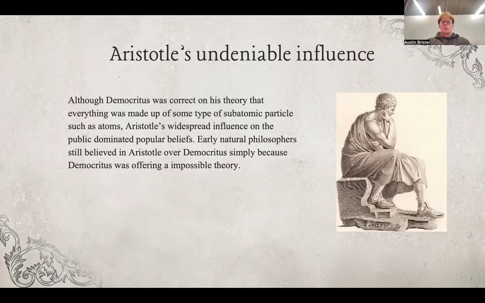So when Democritus proposed the impossible theory of people, objects, anything and everything being made of subatomic particles such as atoms, no one believed him, because in that time frame nobody could grasp the concept of subatomic particles. So when Aristotle made him out to be this crazy guy, he lost all of his influence, all his respect and responsibility. Even though his theory was somewhat correct, Aristotle shut it down.